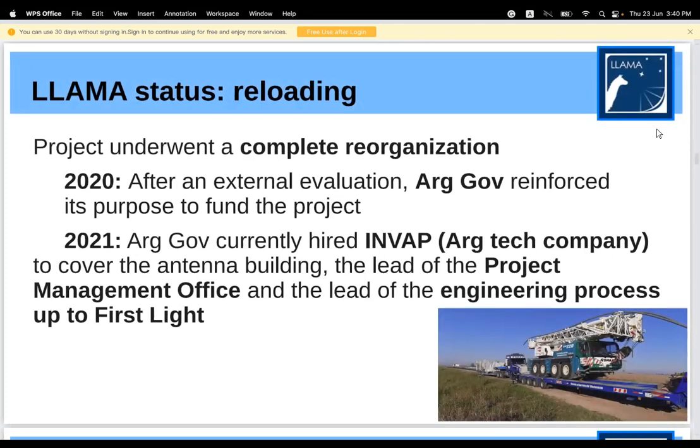The project underwent a complete reorganization about 3 years ago. We had an external evaluation, after which the Argentinian government strongly reinforced and supported our project, and the government now has new funding.